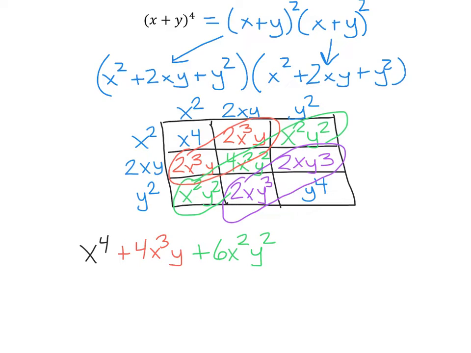Moving over to the other color here, purple, we've got 2x y cubed plus 2x y cubed is 4x y cubed. And finally, we have our last one here, y to the 4th. So this is the result of taking x plus y to the power of 4. These are our resulting terms.